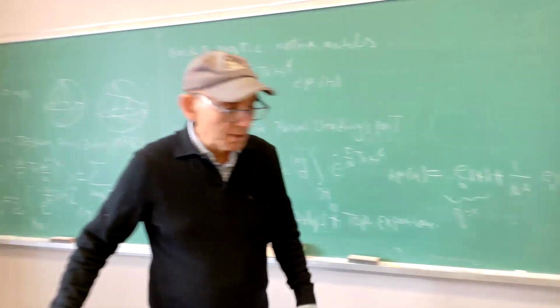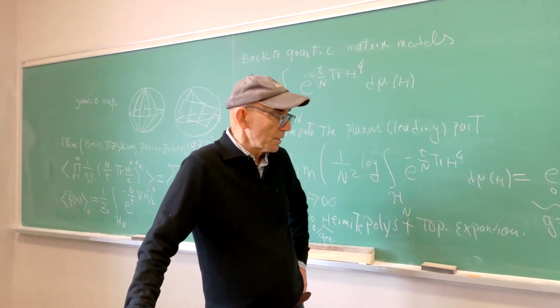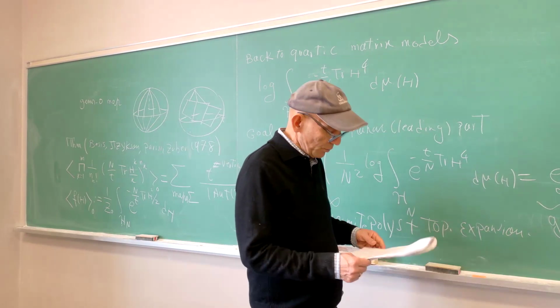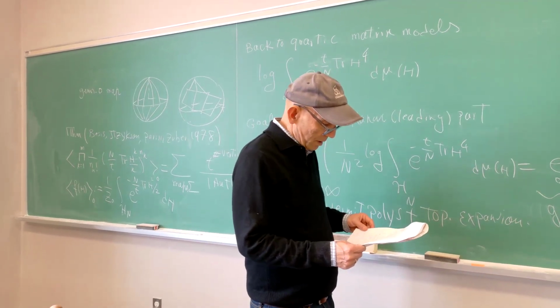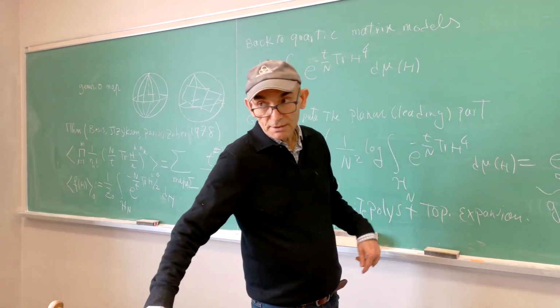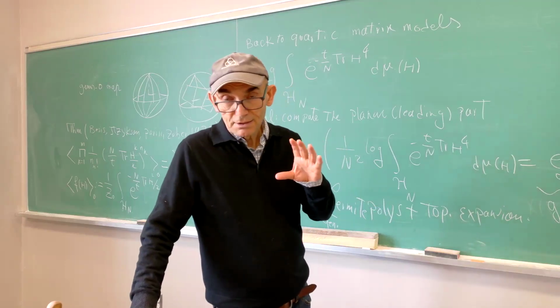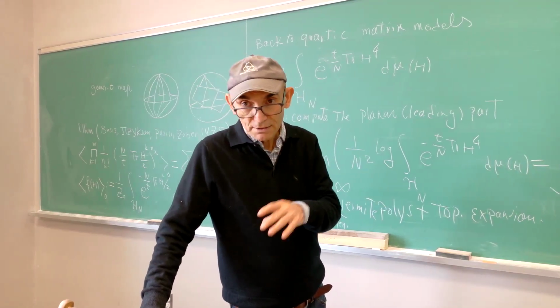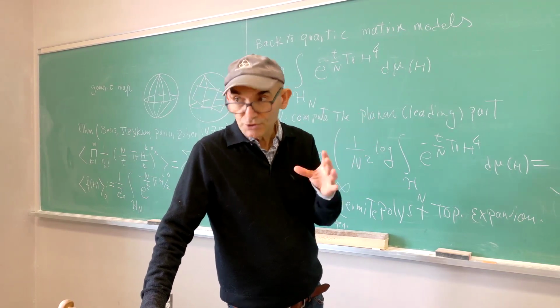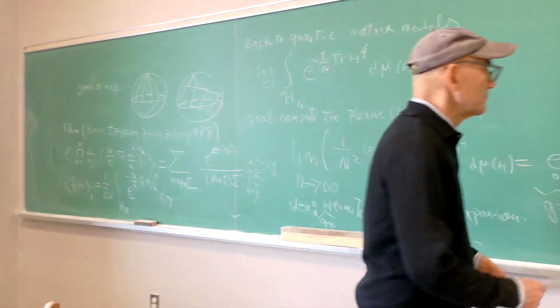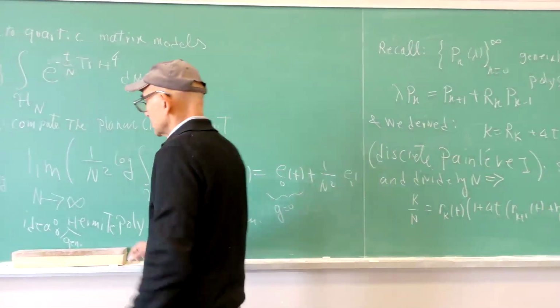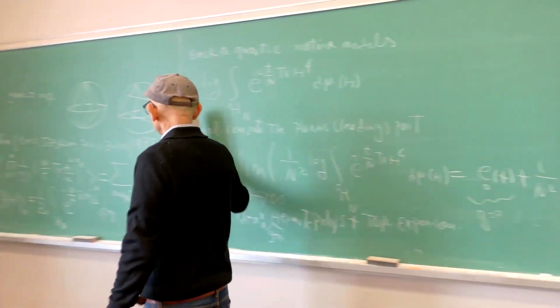So we want to let n go to infinity and k go to infinity in such a way that k over n remains equal to some constant x, or at least approaches x. Let me write this very important idea here.